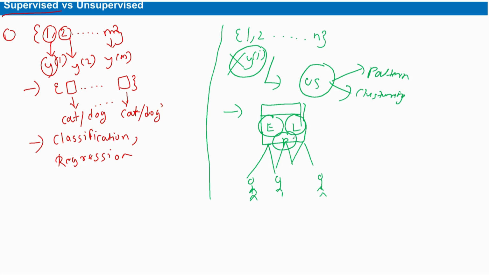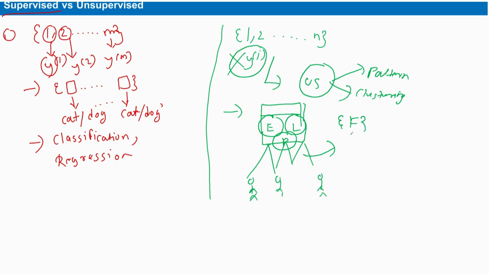Whatever interactions they make, those interactions get saved in the form of features.